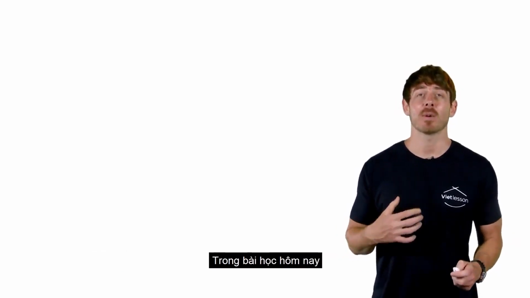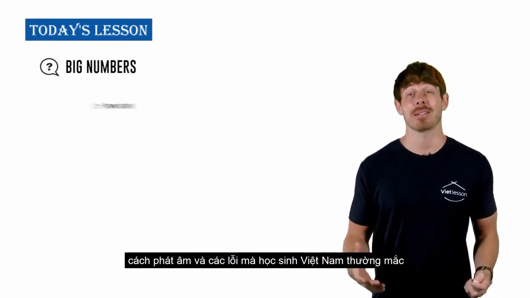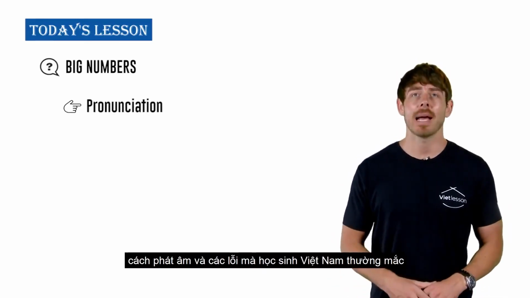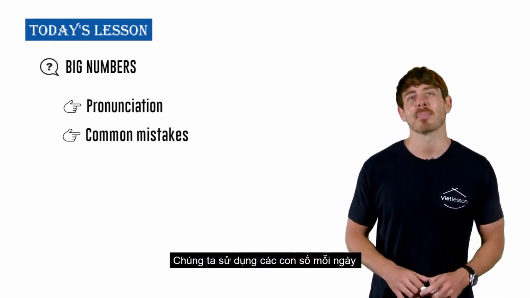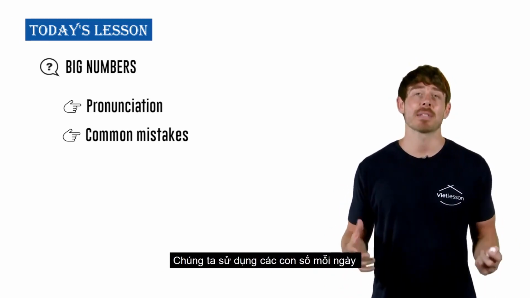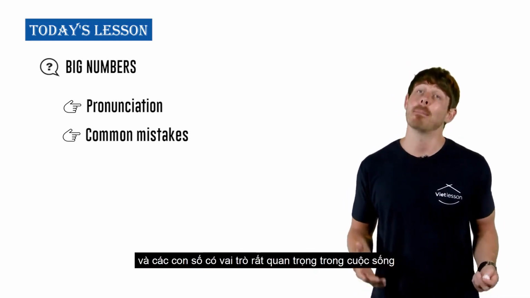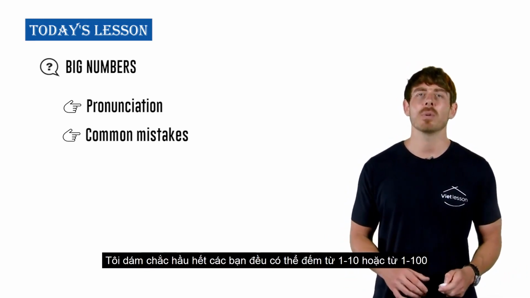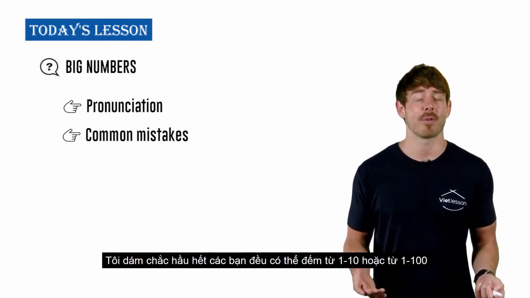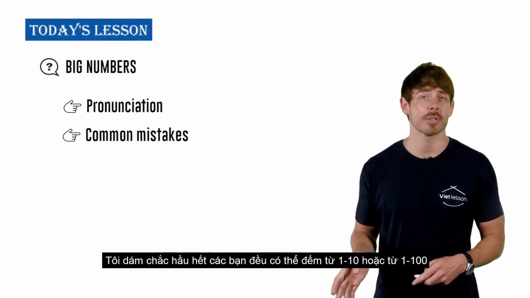In today's lesson, we will look at big numbers, pronunciation of numbers, and common mistakes which Vietnamese students make. We use numbers every day, and numbers play a very important role in our lives. Most of you, I'm sure, can count from 1 to 10 and even 1 to 100.